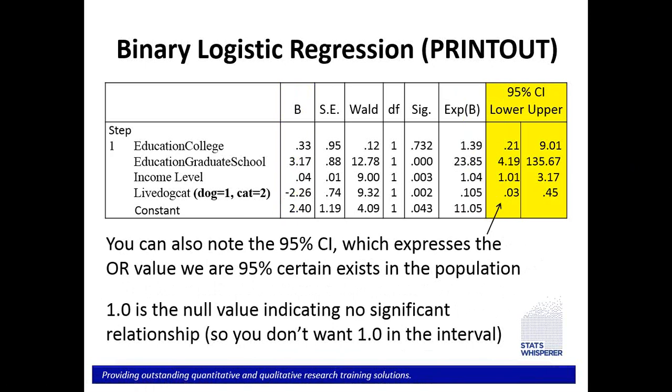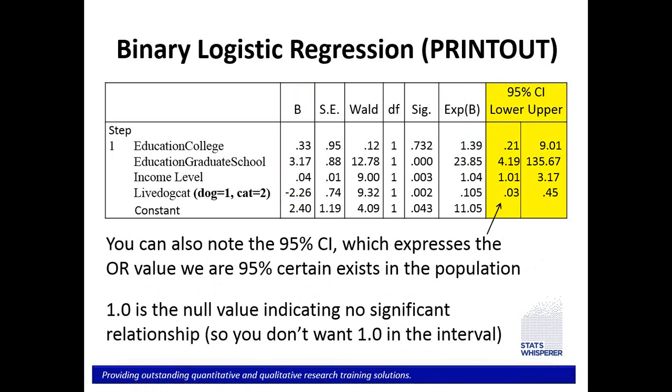Now, when you have a relatively small sample like we have, the findings are a little less than stable, so you're going to see a wide spread in the 95% confidence interval. For example, our odds ratio with the graduate school was 23.85.